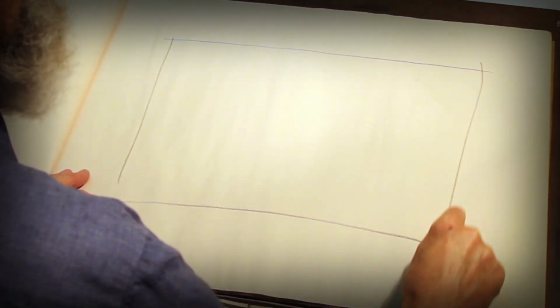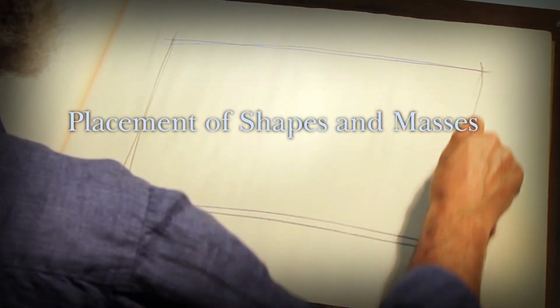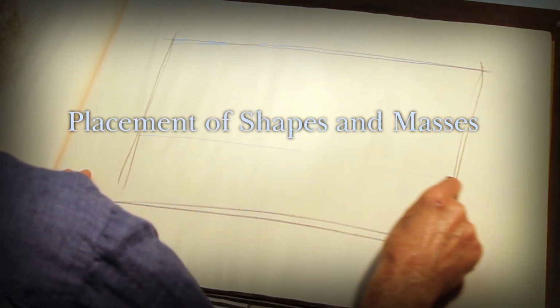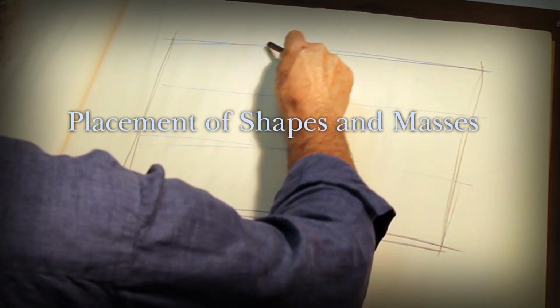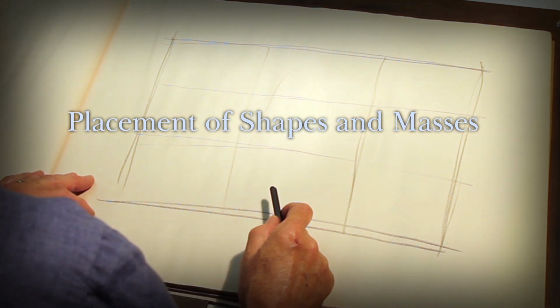We also want to consider the placement of major shapes, masses within the composition, besides just movement of angles and lines, in working on the basic rule of thirds. Your major masses draw attention.